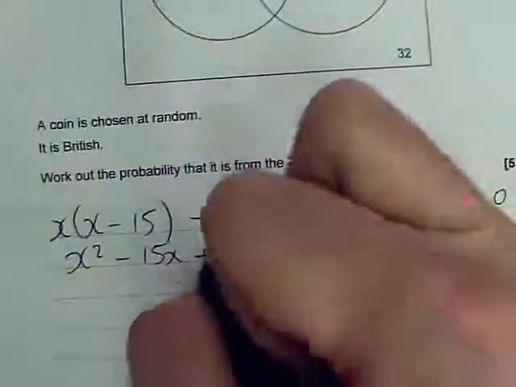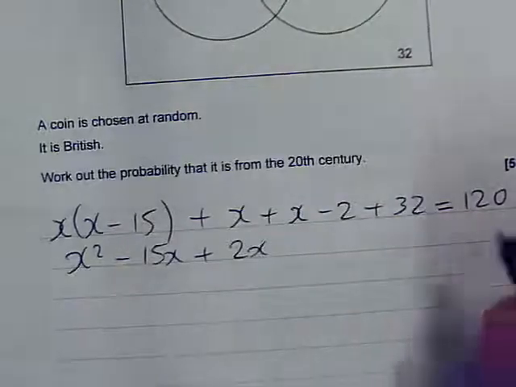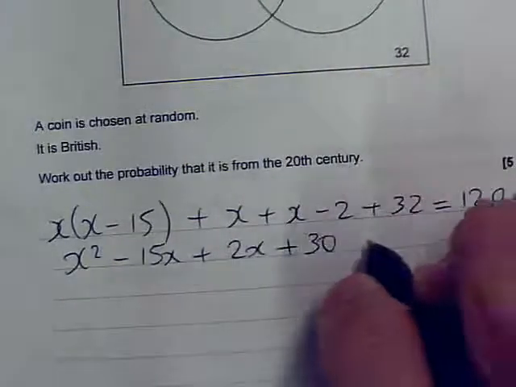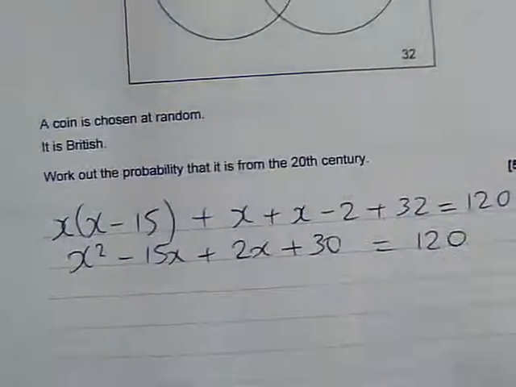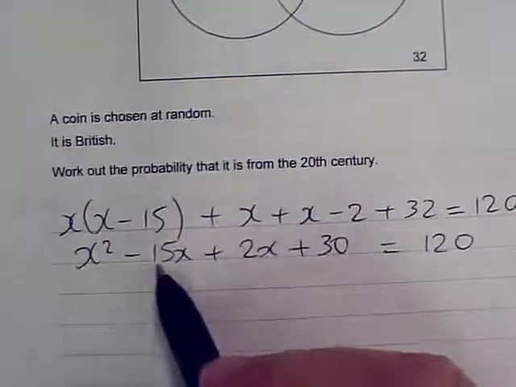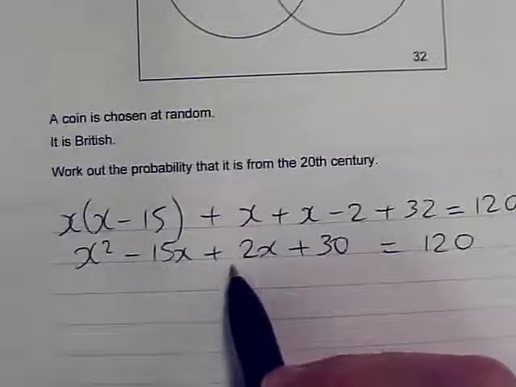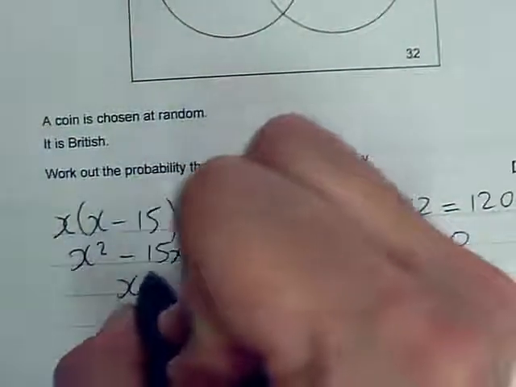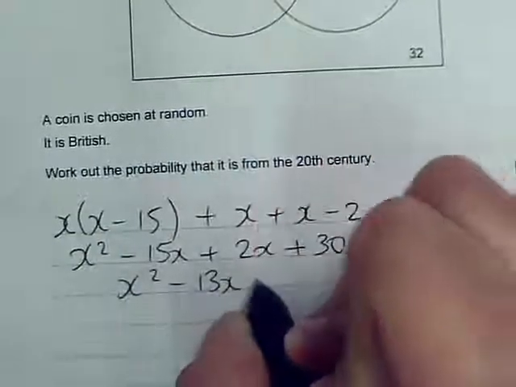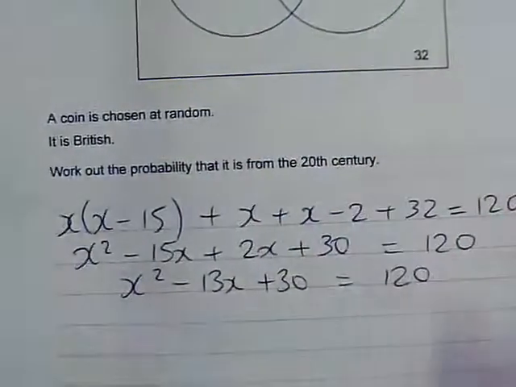Simplify that bit, we get plus 2x, minus 2 add 32, but that's plus 30. And we can now simplify this again, so we've got minus 15x plus 2x, so minus 15 add 2 is minus 13, so I get x squared minus 13x plus 30 equals 120.